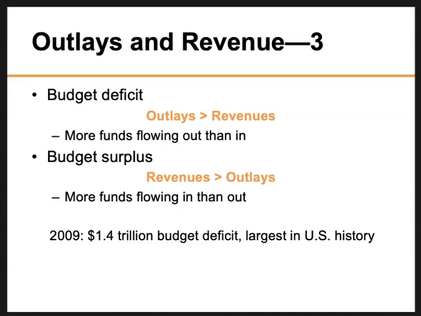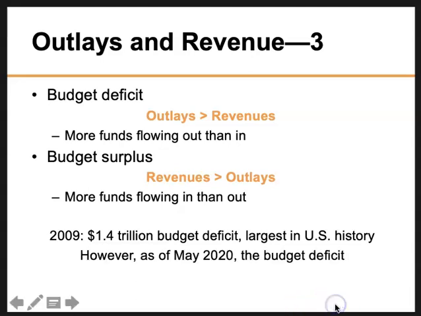We can take a look at the deficit to GDP ratio. It's actually more informative of the magnitude of the deficit over time compared to just looking at the actual dollar amount of the deficit. The deficit to GDP ratio accounts for economic growth. So let's take a look a little further.